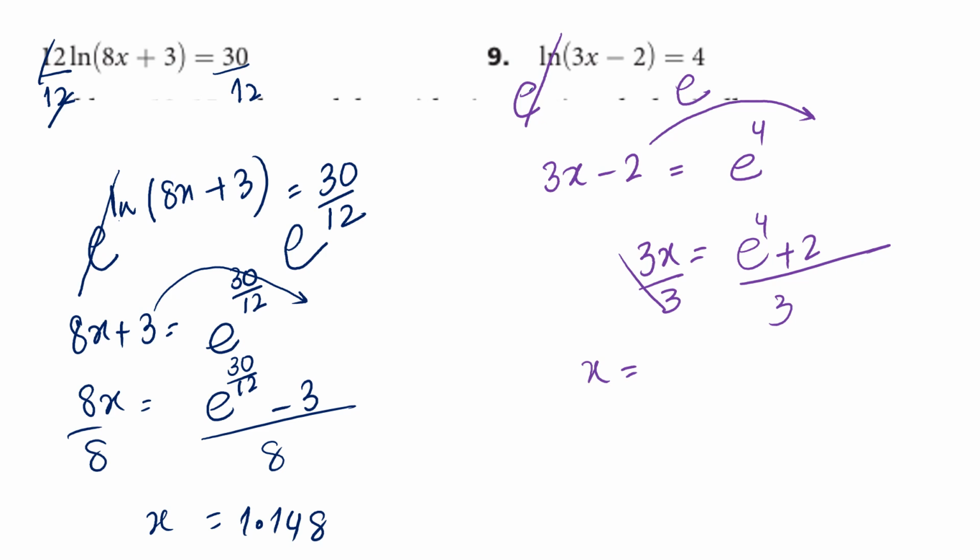So write in the calculator shift ln power of 4, plus 2, divided by 3. So you will get 18.8660. So 18.866 is my final answer.